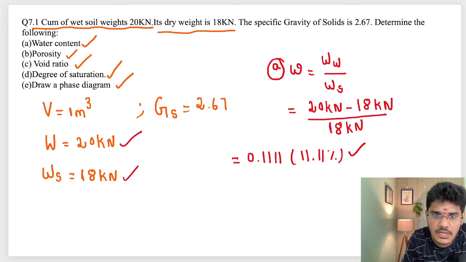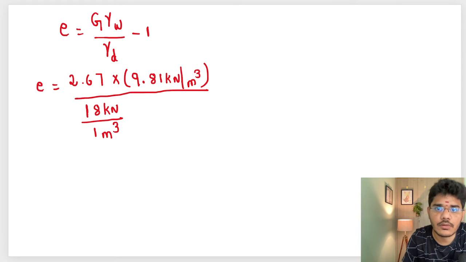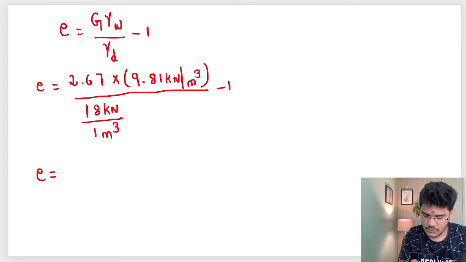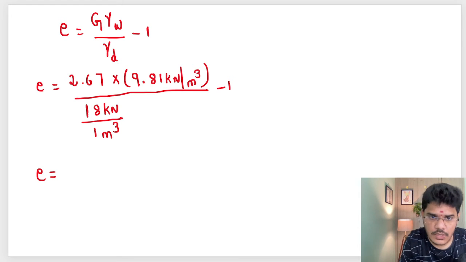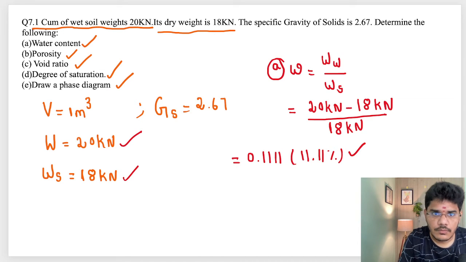The weight of solids is 18 kilonewton and the total volume is 1 meter cube, so 18 kilonewton by 1 meter cube. So we can calculate e: 2.67 into 9.81 divided by 18 minus 1. So e comes out to be 0.455. So we got the void ratio.